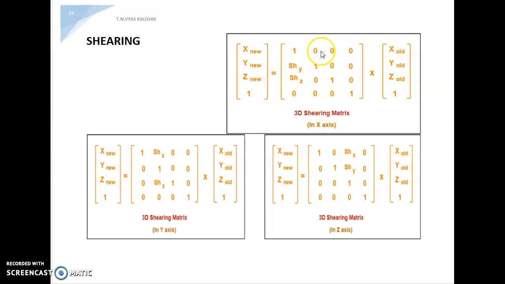With respect to the x-axis, shy and shz will be present. With respect to the y-axis, shx and shz will be present. With respect to the z-axis, shx and shy will be present. If you multiply this matrix, you will get the equation form. So this is all with respect to 3D transformation. In the next lecture, we will be seeing about 3D viewing. Thank you.